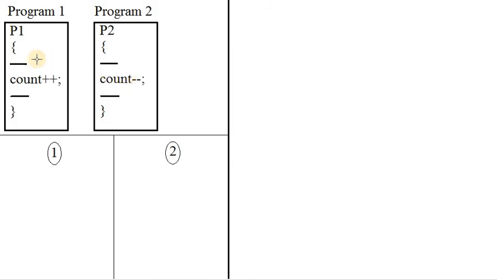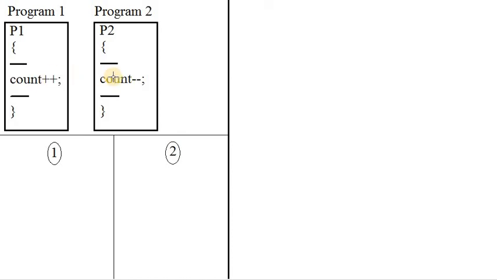When you compare these two programs, only one common variable is involved here. The common variable is count. In program 1, the count variable has been incremented, and in program 2, the count variable value is decremented.